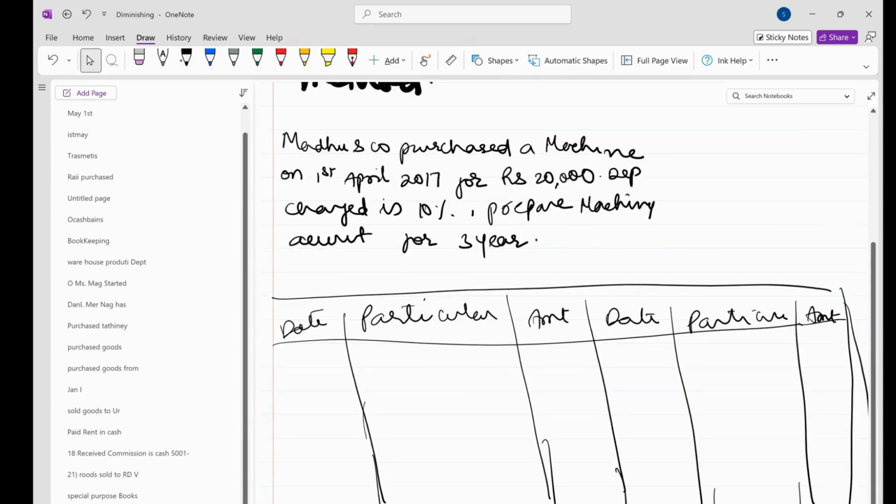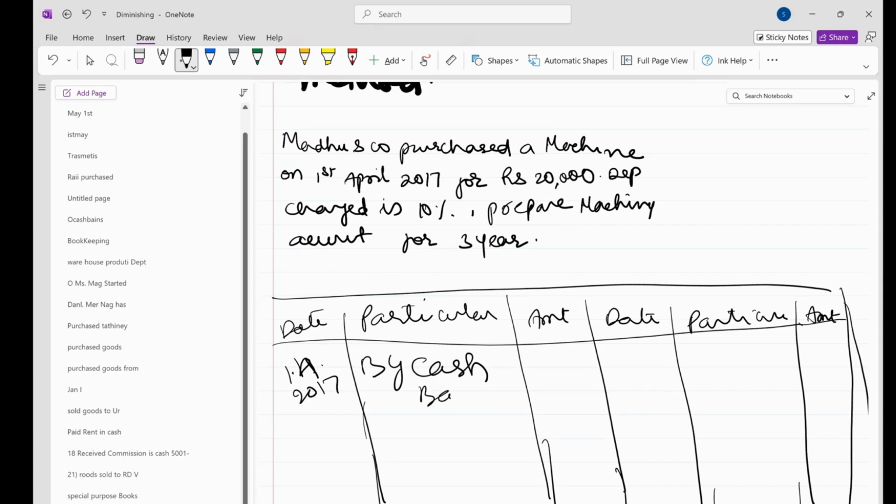So when did we purchase the machinery? Madhav and Company purchased a machinery on 1st April 2017. So by cash, if it is cheque, you can write even by bank also. By bank amount how much? 20,000. Okay.